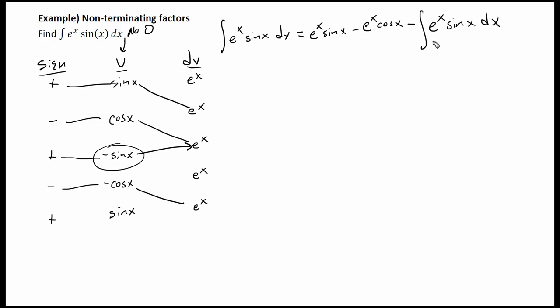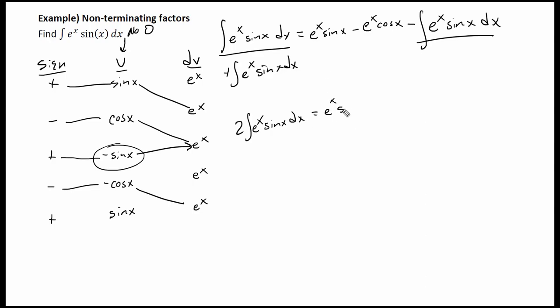Well, guess what? This is the same as this. So I can manipulate this equation to add the integral of e to the x sine x dx on the left side. When I do that, I get 2 times the integral of e to the x sine x dx, which is now equal to e to the x sine x minus e to the x cosine x.